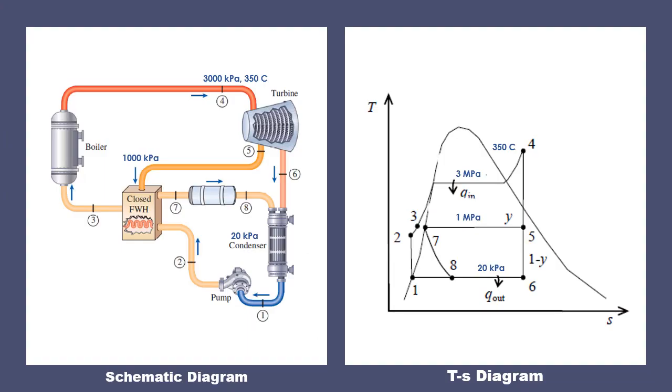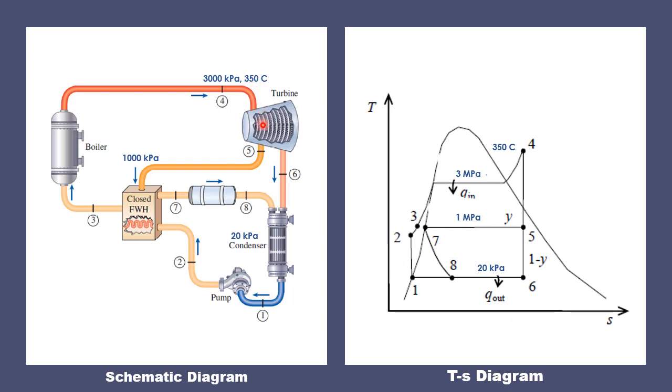The schematic diagram representing the given problem is shown here in this slide. So we have a closed feed water heater, and it uses the trap in order to remove the liquid condensate from the closed feed water heater. So we're going to illustrate the movement of steam beginning from point 4, where it enters the turbine at a pressure of 3,000 kilopascal and 350 degrees Celsius.